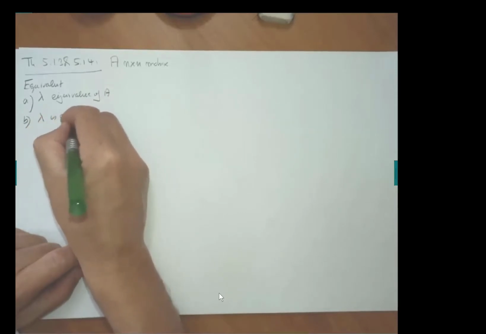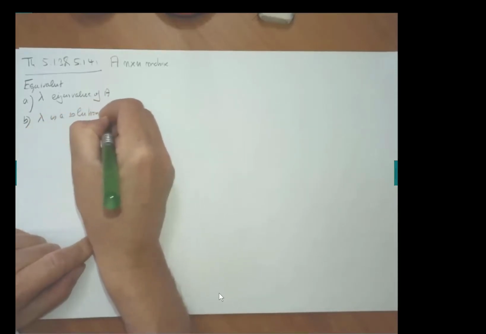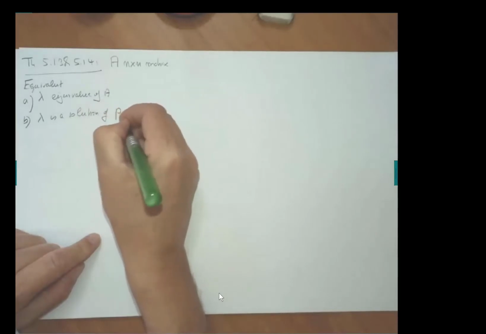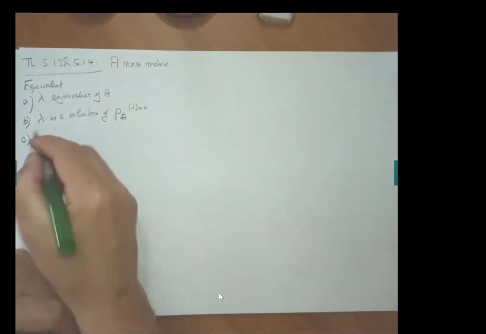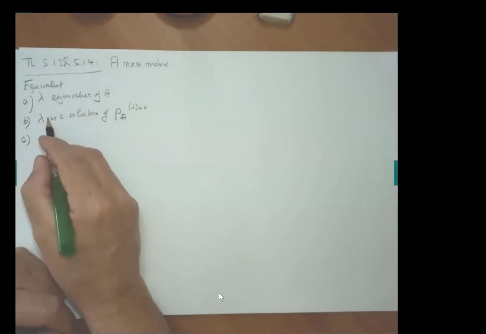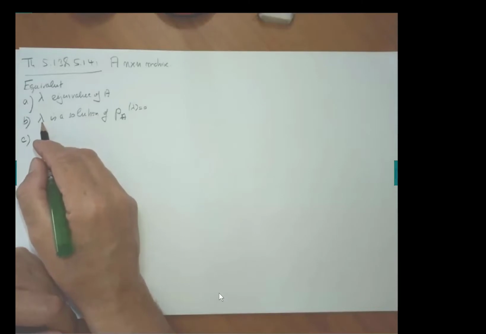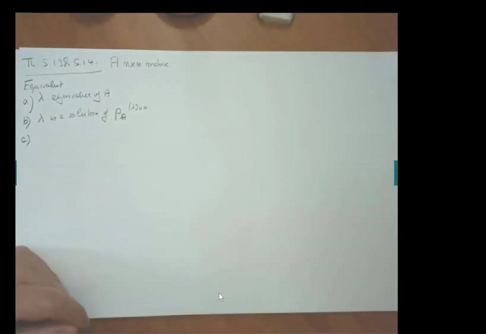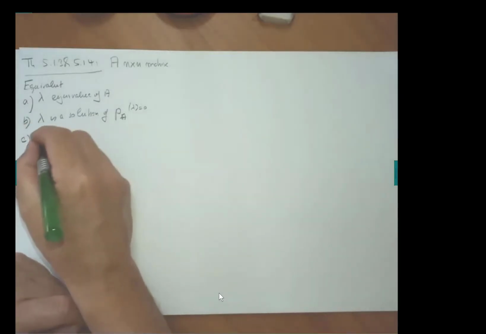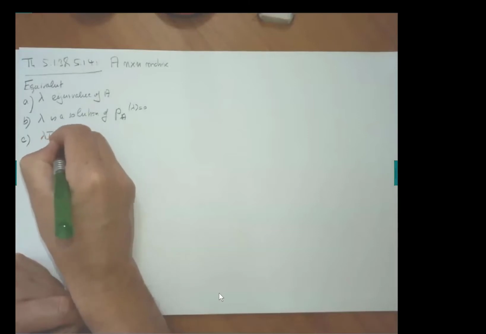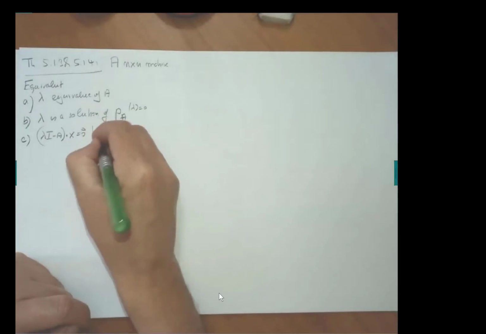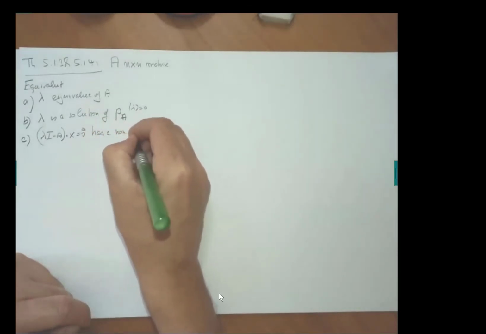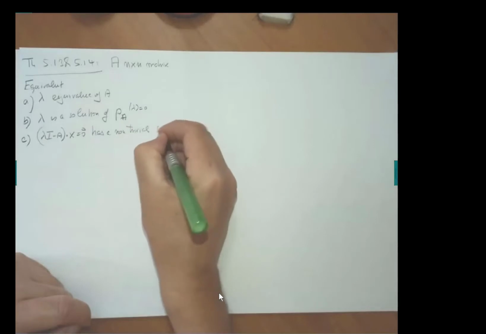B: lambda is a solution of the characteristic equation. Part C: there is a non-trivial solution to the homogeneous linear equation system (lambda I minus A)x equal to 0. So (lambda I minus A) times x equal to 0 has a non-trivial solution, meaning not the 0.